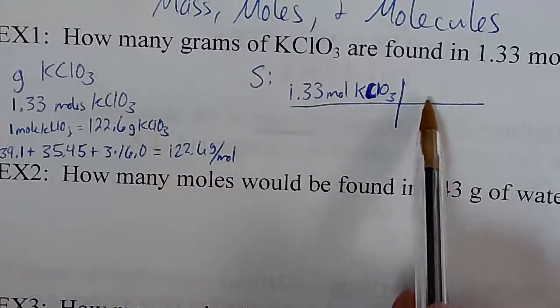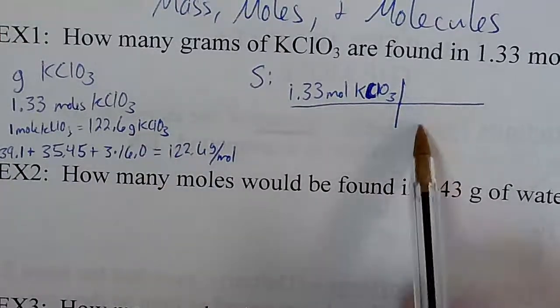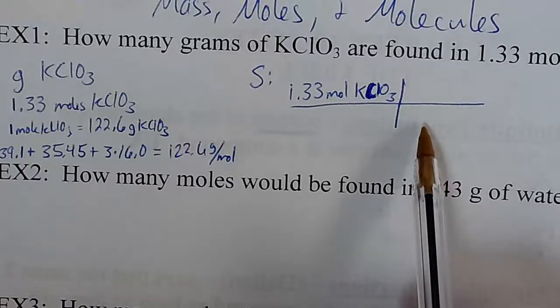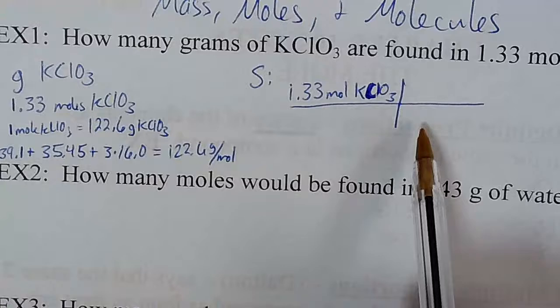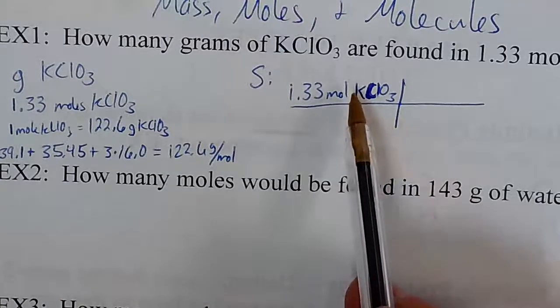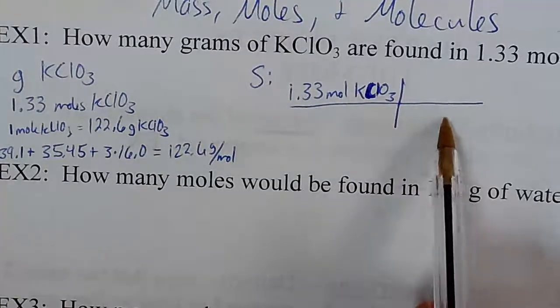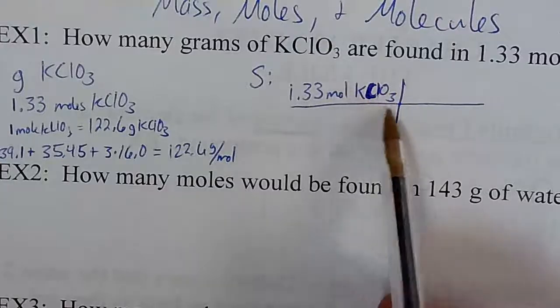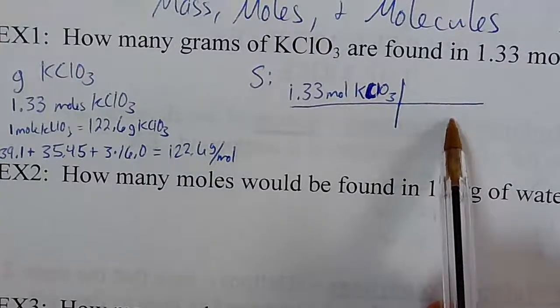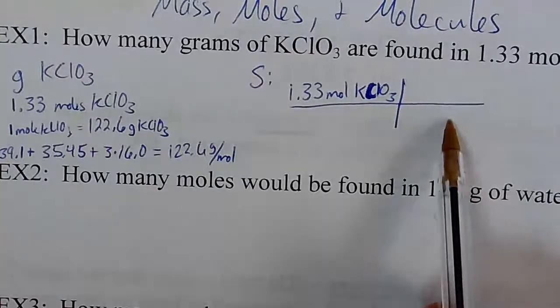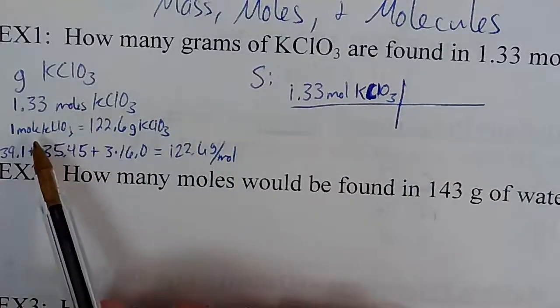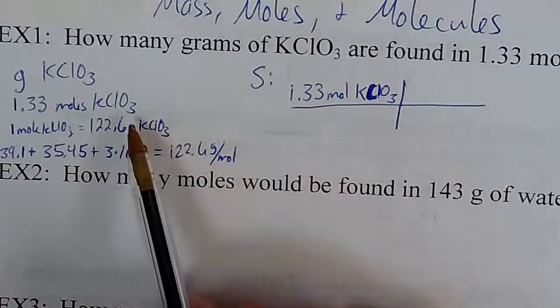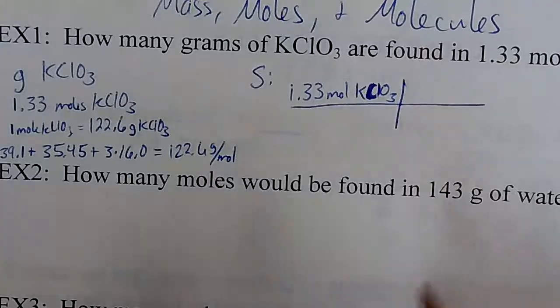And how do we figure out where to put those in the train tracks here? What do we need to put on the bottom of the next one? Moles. Yeah, we need the moles on the bottom. So we're going to do the 1 mole KClO3 on the bottom. Then we'll do the 122.6 grams of KClO3 on the top.